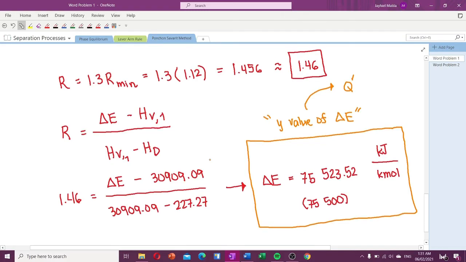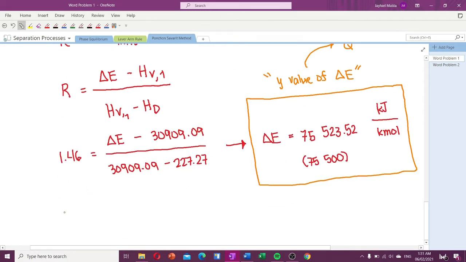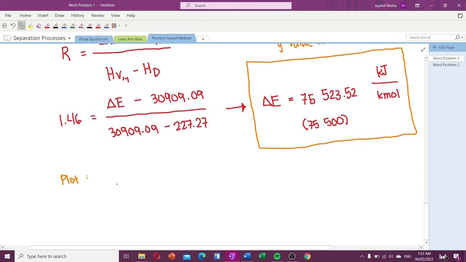So we're going to plot that one. What we're going to plot is the delta E point. The value of your Q prime, or your Y value, is 75,500, and your X corresponds to 0.98.